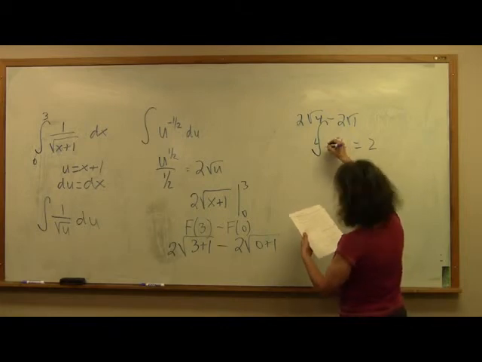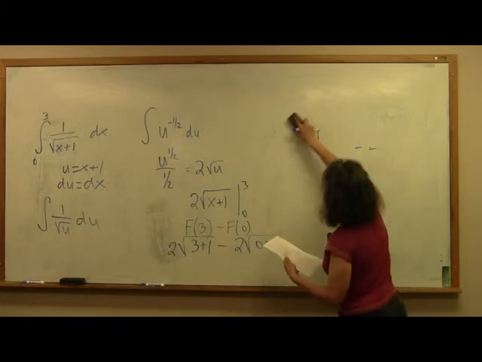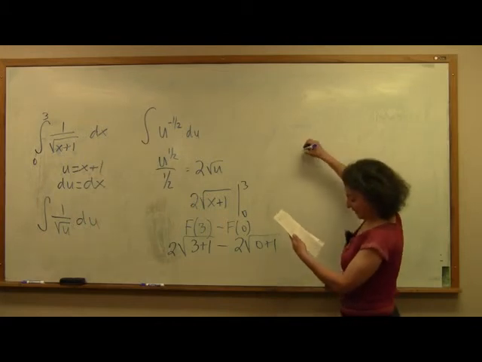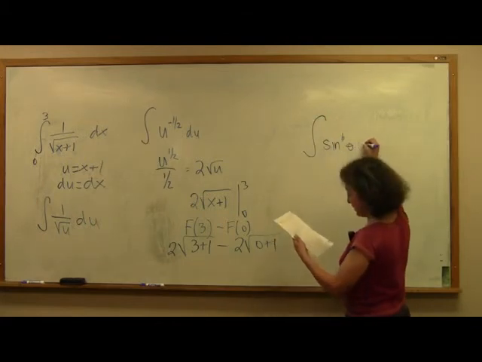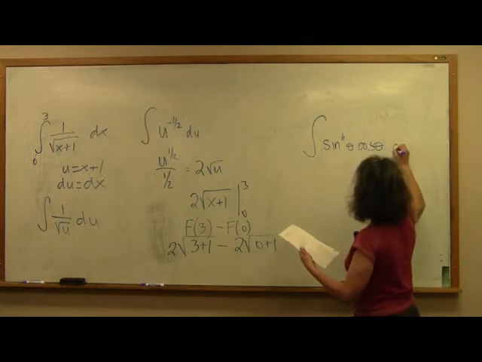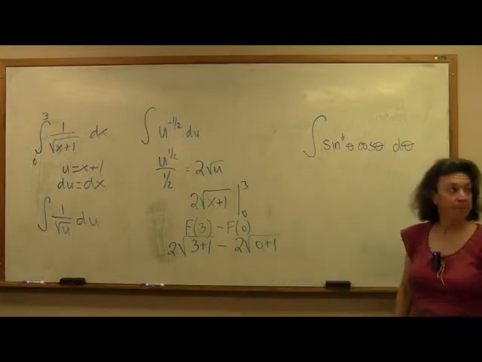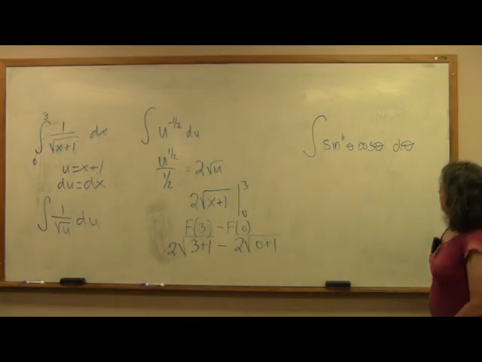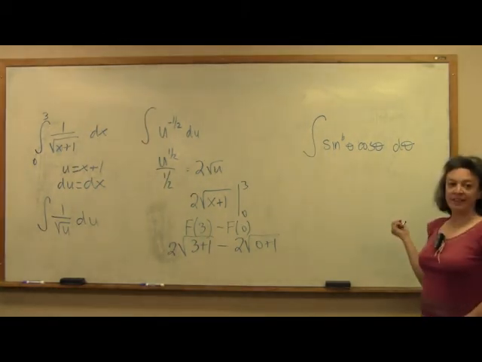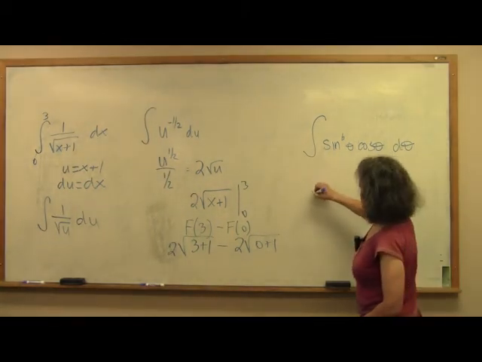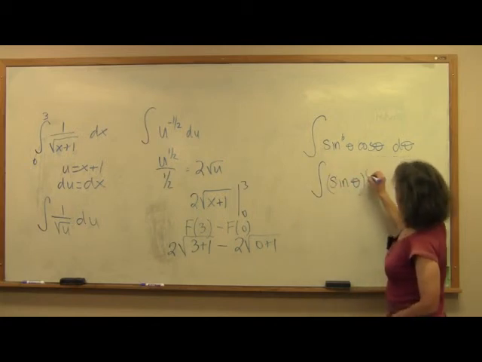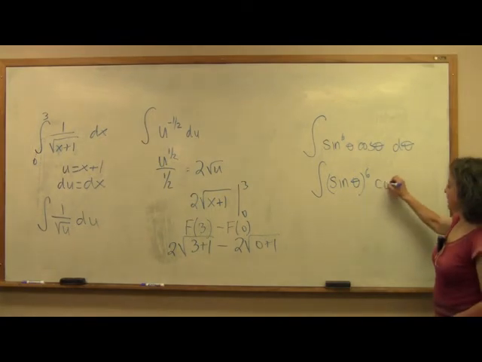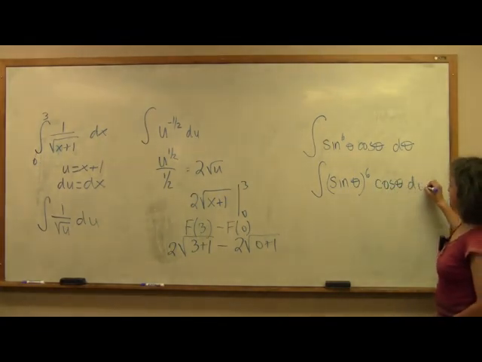What if I want to do sine to the 6th of theta times the cosine of theta d theta? Okay? Now, it might seem unclear here what you would substitute, but let me first rewrite this. That's sine of theta to the 6th times the cosine of theta d theta.